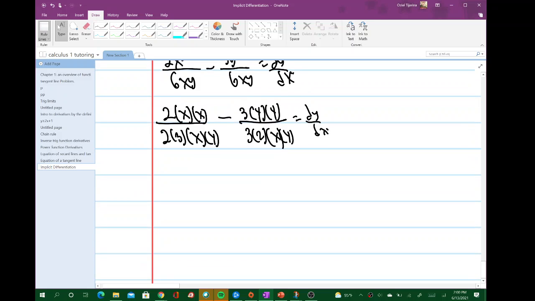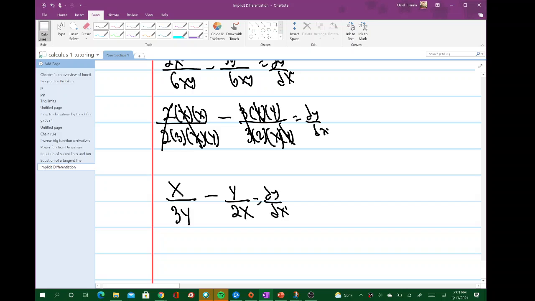So these cancel out, and you're left with x over 3y minus, these cancel out, y over 2x equals dy dx.